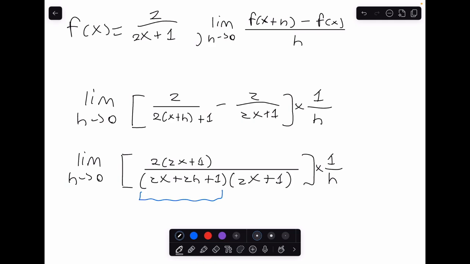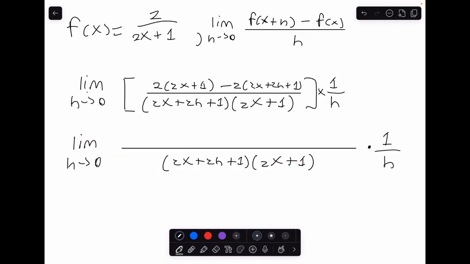Easy. Now, we have negative 2 on the other side. Negative 2 is missing the whole other term, so we do the exact same thing, but we use the other term. So 2 times 2x plus 2h plus 1. What it's missing. Amazing. Let's distribute those 2's in.